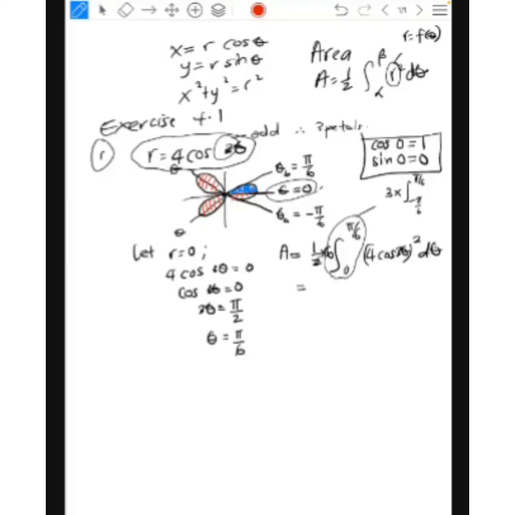Okay, 4 squared will be 16 cos squared 3 theta d theta. Okay, solve the square first. So 16 can be multiplied with 3, you will get 48. Okay, and then for the cos squared theta, you have to use this formula.